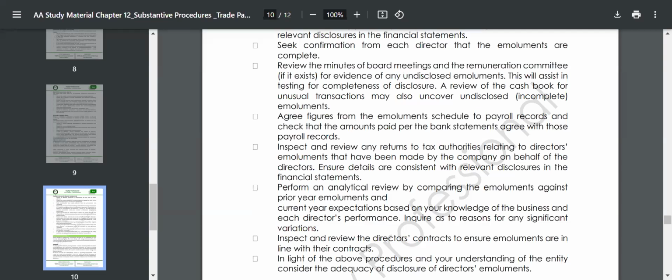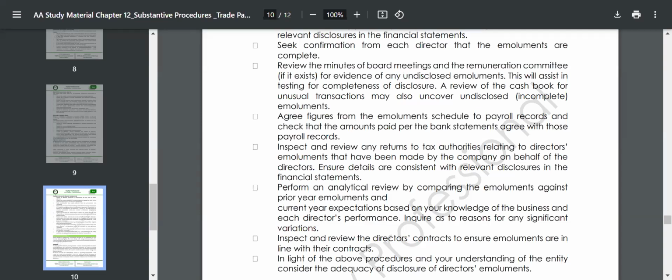When you see any variation, last year we paid 500 million, why are we paying 800 million now? Why the increase of 300 million? If there is no appropriate justification for it, that is an exception that the auditor will need to query further and obtain sufficient and appropriate evidence on. Otherwise, the auditor will declare a disclaimer of opinion.